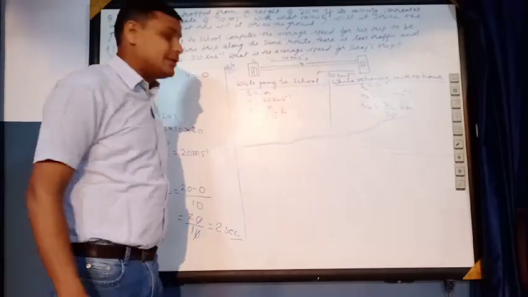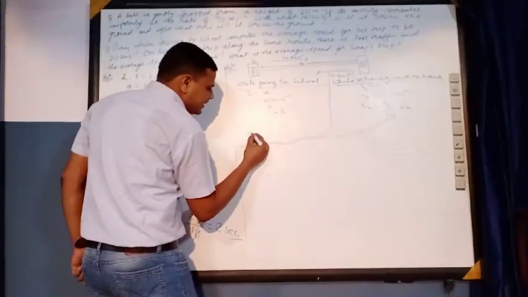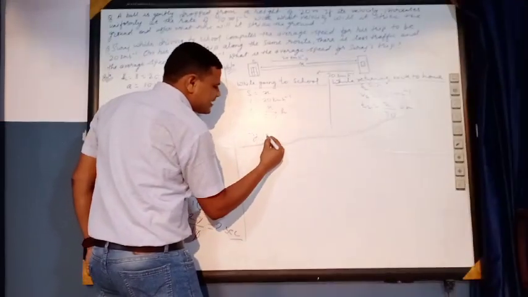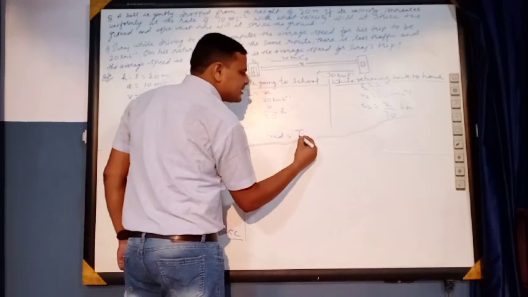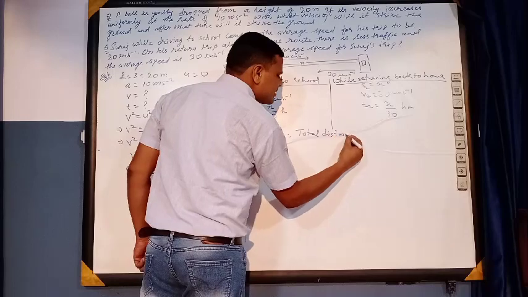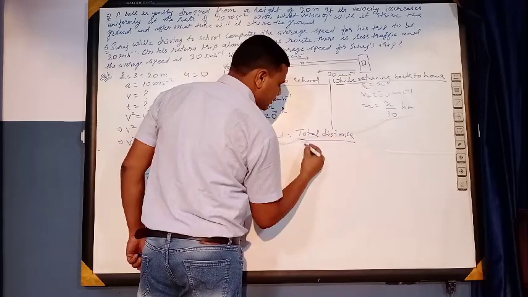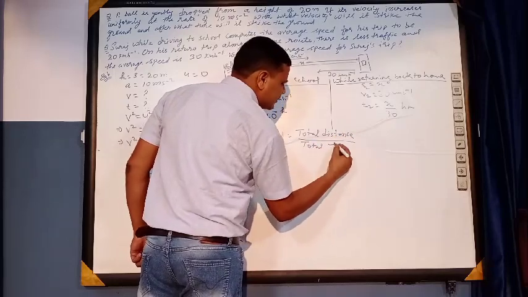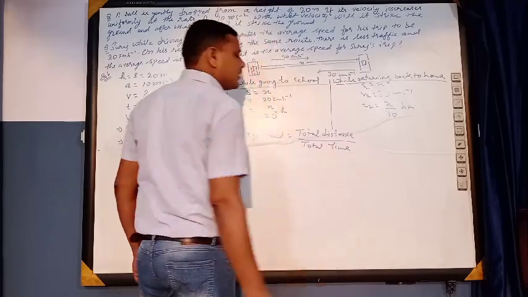Now, what you have to calculate? What is the average speed for the Suraj trip? So average speed means total distance traveled by a body upon total time. Total distance upon total time.